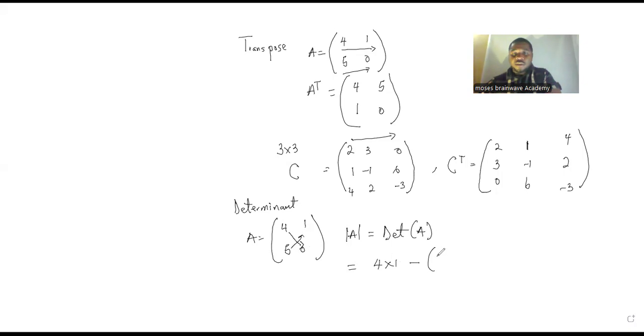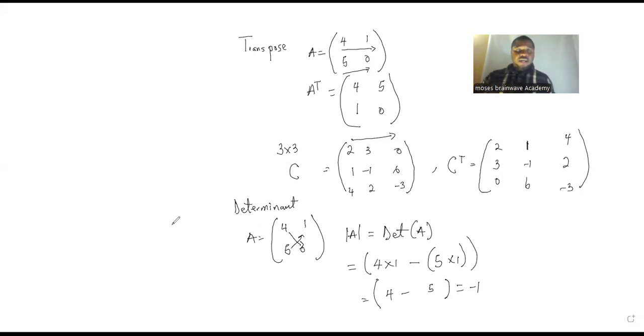So we're going to have 5 multiplied by 1. Good. So this becomes our determinant. So here we're going to have 4 minus this multiplied, this is 5, right? So we have that, and it's very straightforward. So we're going to have 4 minus 5, which is just minus 1.